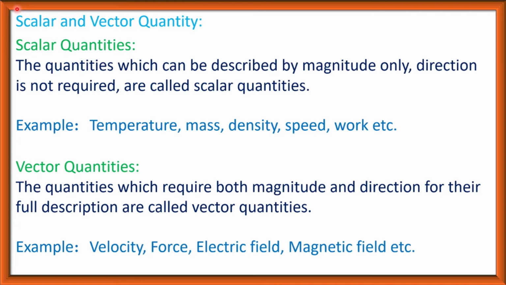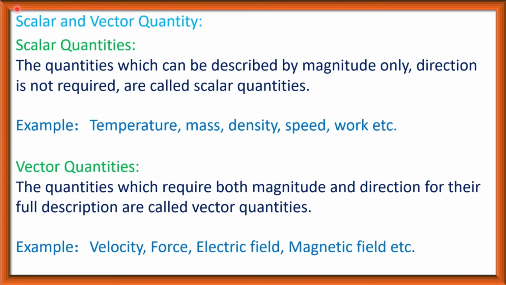If we say a car is moving with velocity 50 meters per second, then we cannot say in which direction the car is moving. The car may move in the north, south, east, west, or any other direction. But if we say a car is moving in the north direction with 50 meters per second velocity, then it is complete.